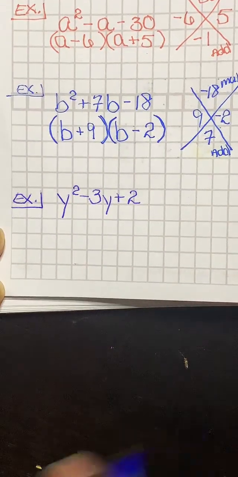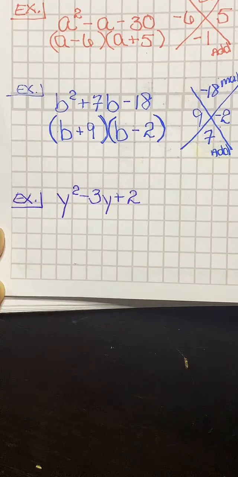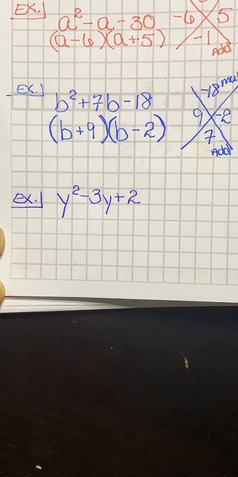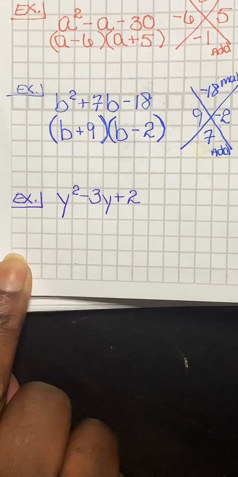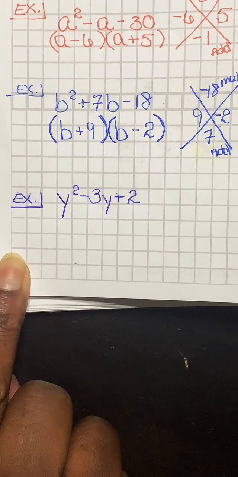Okay, give this one a try. Y squared minus 3y plus 2. So y squared minus 3y plus 2.